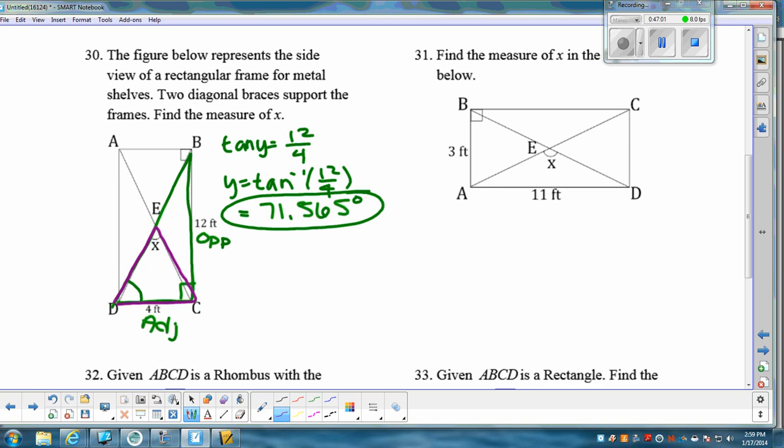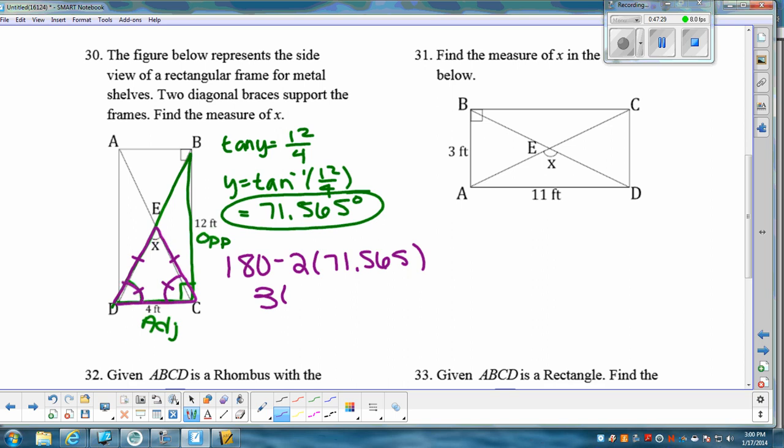Well, I know that this angle is 71.565. I know that DE is congruent to CE because it's a rectangle and our diagonals are congruent, which means I know that those two angles, our base angles, are congruent. So to figure out angle x, I do 180 minus 2 times 71.565.